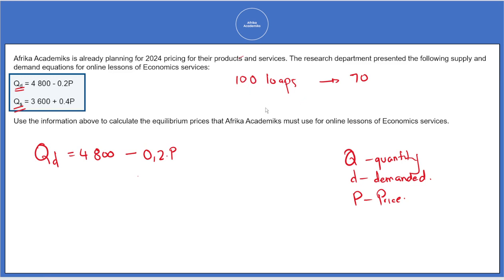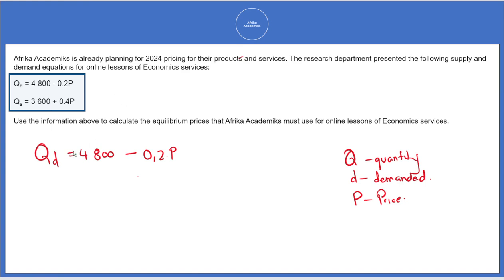Because some days when we buy 70 loaves, we have people wanting 100 loaves, and then we lose money because you could have sold 30 more, right? So we have what we call equilibrium. So equilibrium simply means you have equal supply and demand.